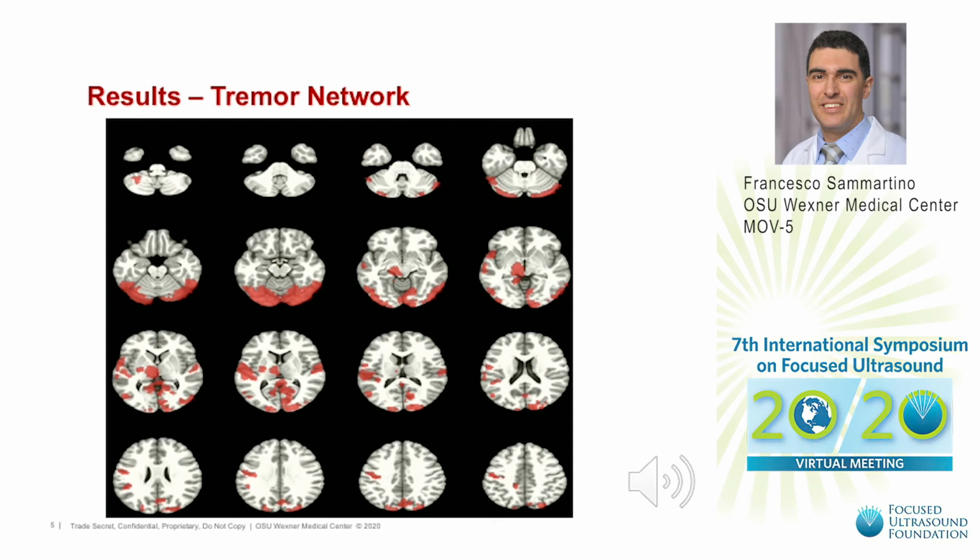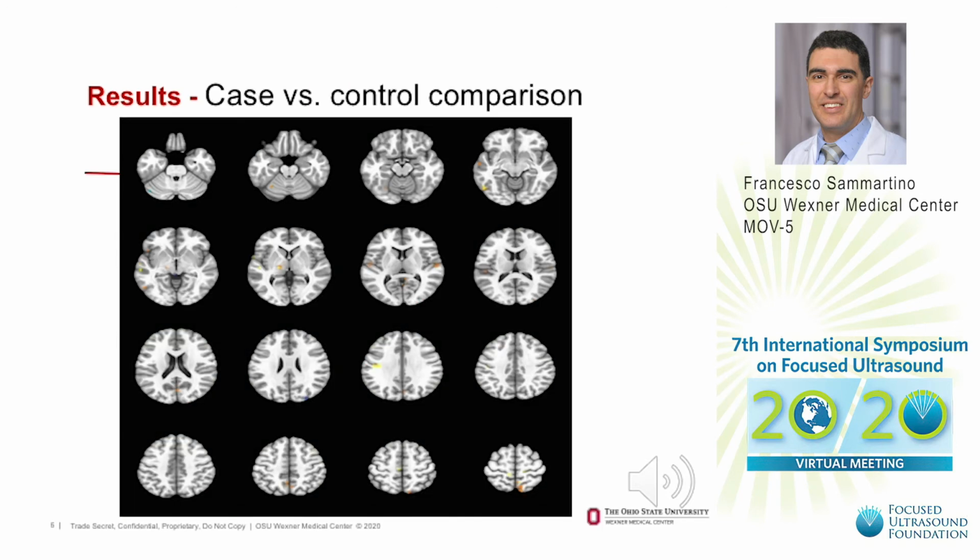This figure shows the tremor network, the main clusters. This figure shows the results of the cases versus control comparison at baseline.